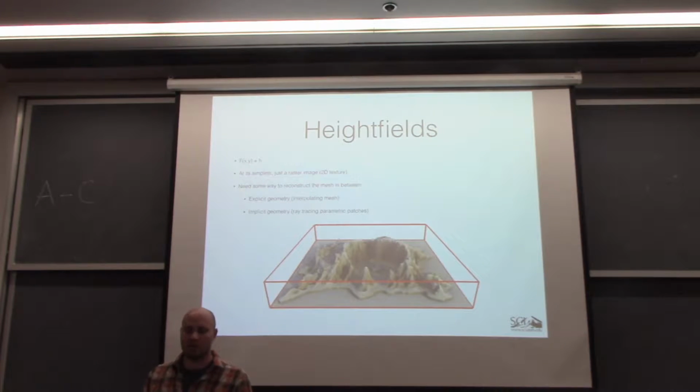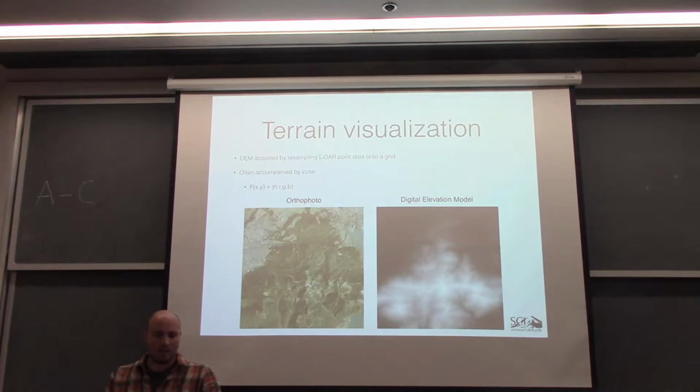And you can either do this using explicit geometry by interpolating the mesh, or implicit geometry by ray tracing what are really parametric patches, but you can represent them very easily, like two-dimensional, bilinearly interpolated patches. You can also do something nice and smooth, like a B-spline. You have a lot of options.